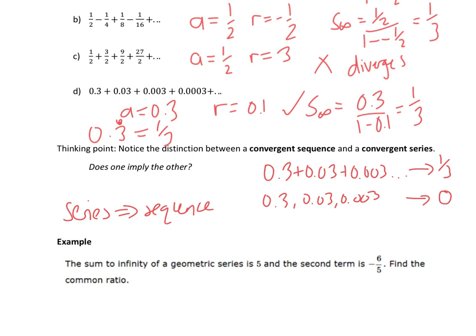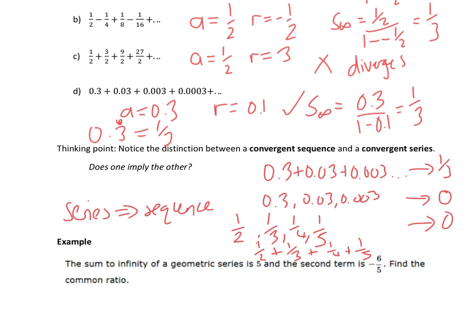What about the other way around? Well, if I think of this sequence, a half, then a third, then a quarter, then 1 over 5, that's getting closer and closer to 0, so that's converging to 0. But if I add them together, what do you think about that series?